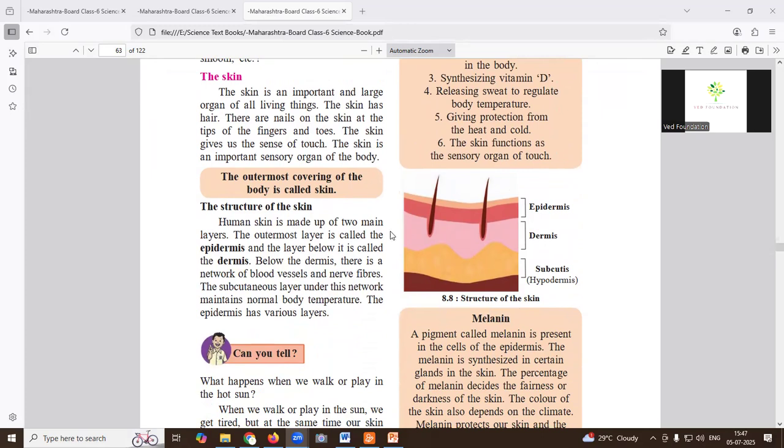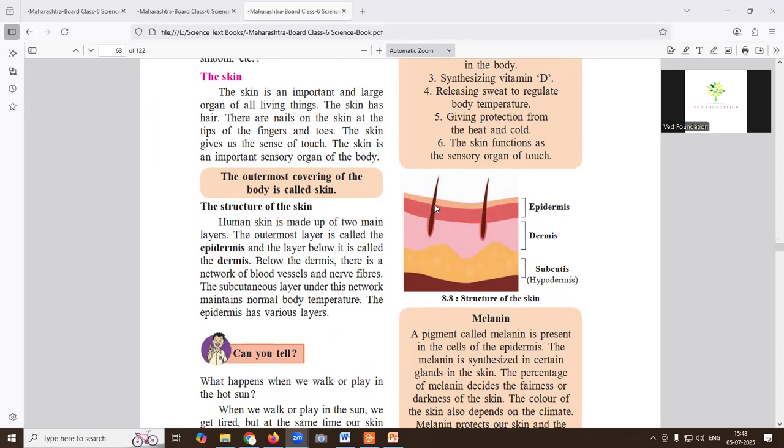Human skin is made up of 2 main layers, epidermis and dermis. The outermost layer is called epidermis, and the layer below epidermis is dermis. Below dermis, there is a network of blood vessels and nerve fibers. The subcutaneous layer under these networks maintains normal human body temperature. It is called hypodermis.